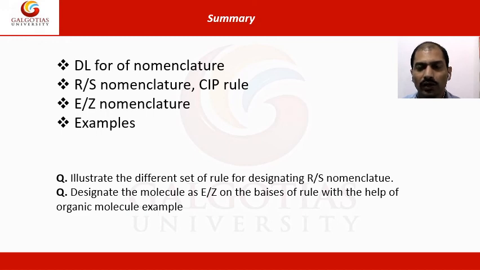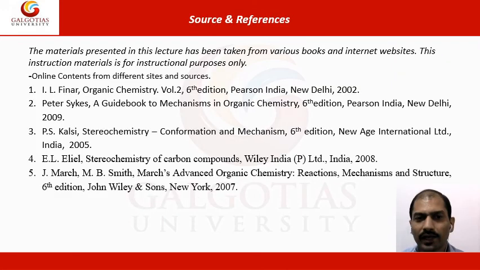So these are the important nomenclature processes by which we can designate molecules as RS or EZ nomenclature or DL form.